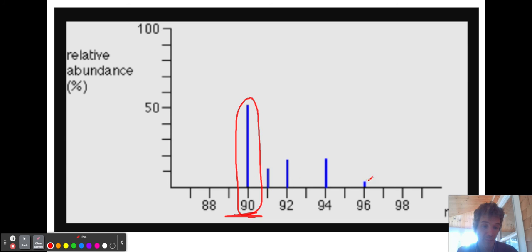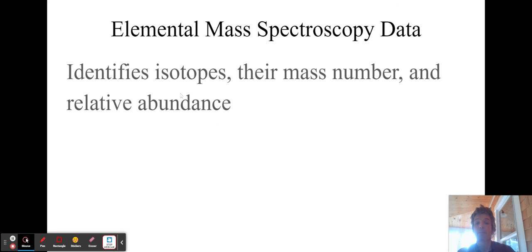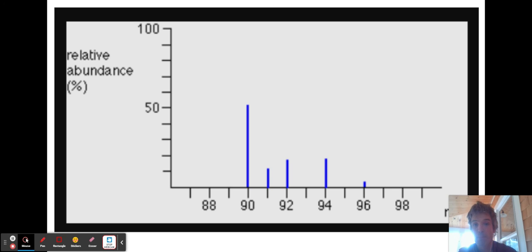Each would have a different number of neutrons, this one would have 1 more, because I would subtract the atomic number from the mass number. So here's what it identifies about the isotopes. There you go. Two things that aren't on this list: you could calculate the number of neutrons by subtracting the atomic number, and you can figure out what's the most common one.